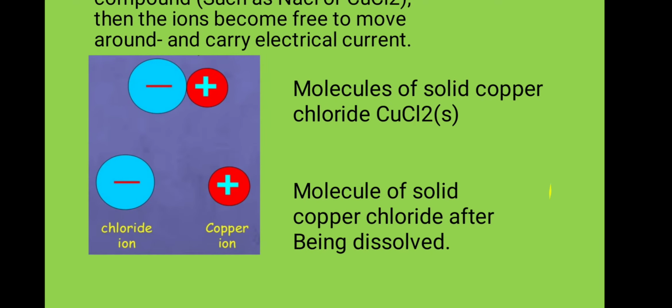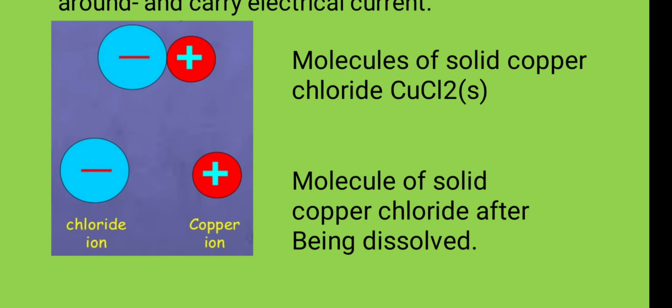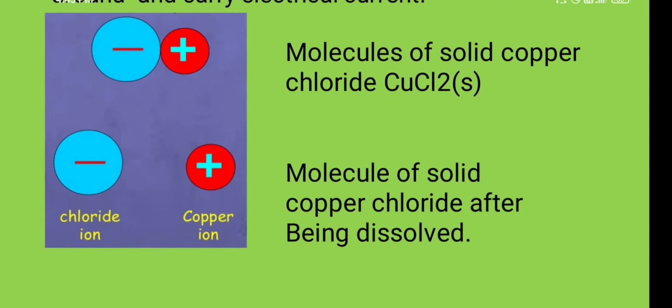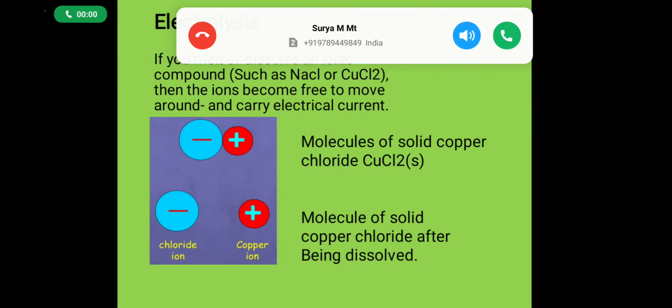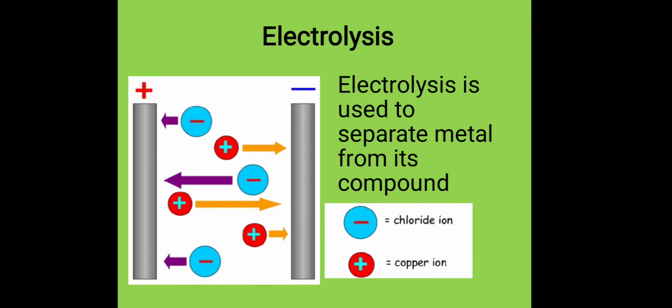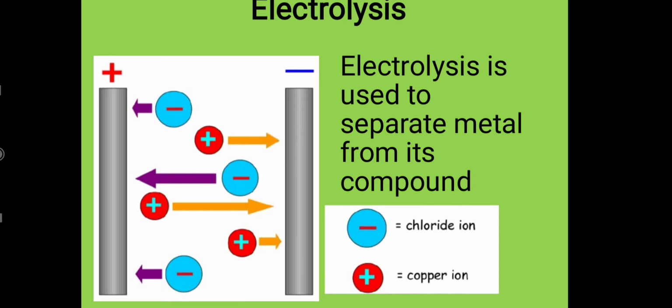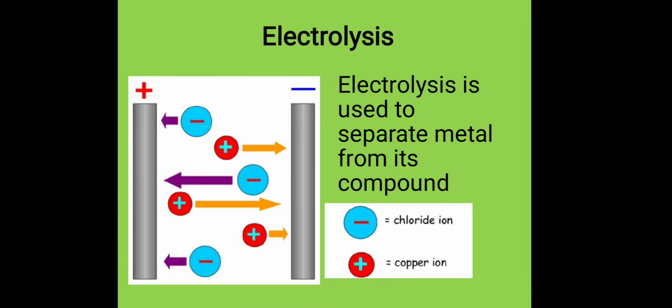Molecules of solid copper chloride, CuCl2, after being dissolved, give chloride ions, minus, and copper ions, plus. Electrolysis is used to separate metal from its compound.